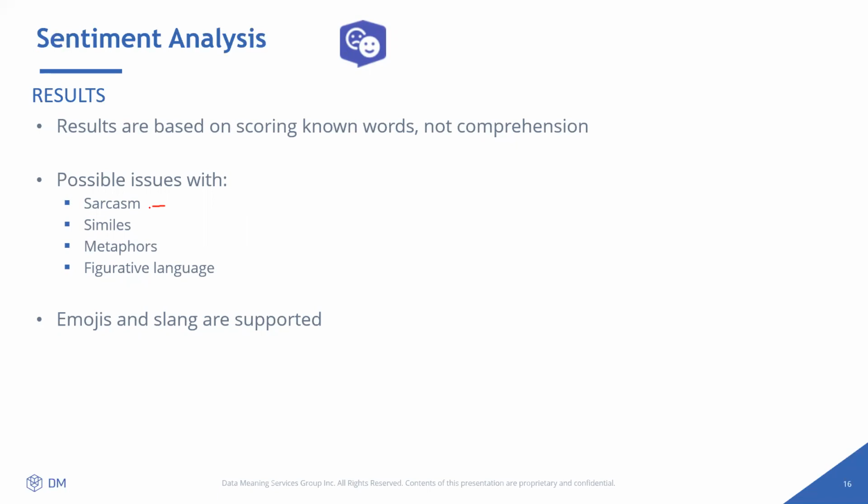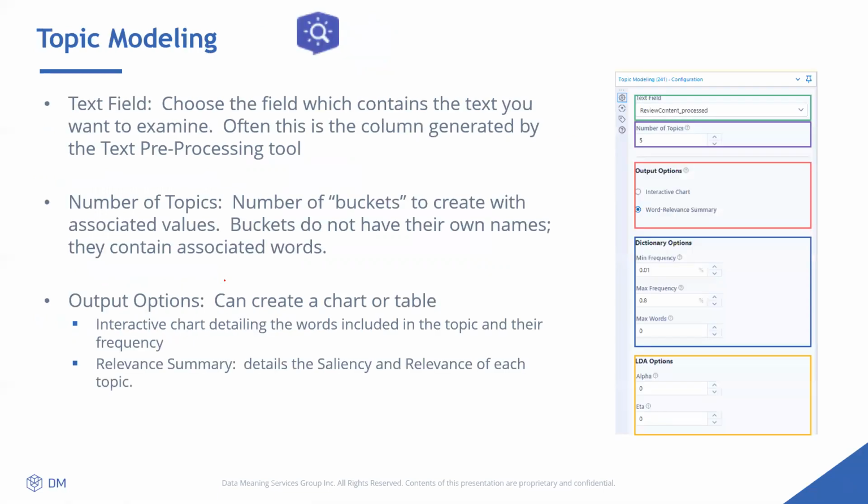So you need to look at the words you use there and make sure that is taken into account when you're doing your analysis. Also, some other types of language, figurative language. The Alteryx algorithms are not going to be able to manage all of that when trying to give you a positive or negative sentiment.